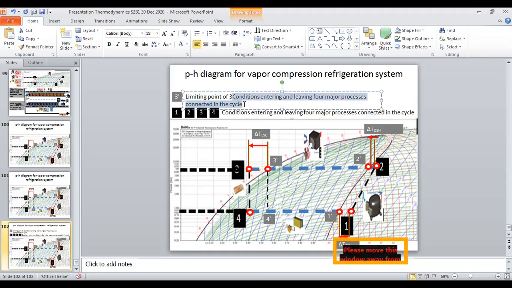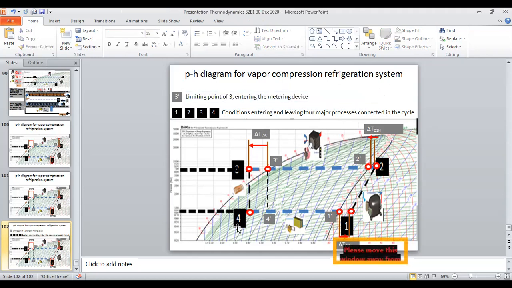Okay. Limiting point of 3 entering the metering device. Okay. 3 dash. So what is 4 dash?